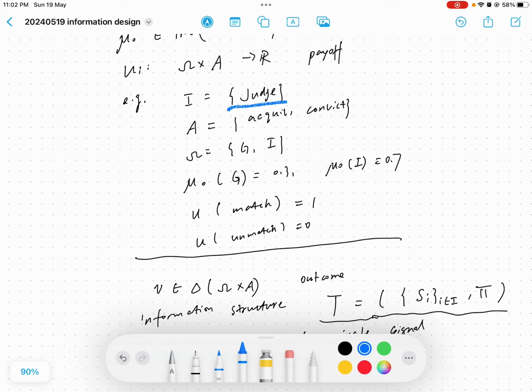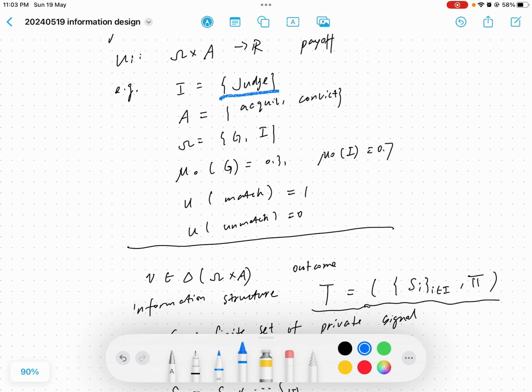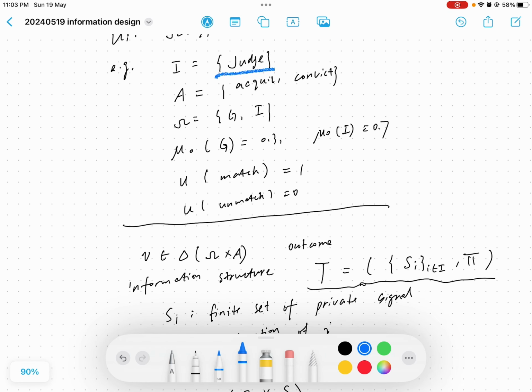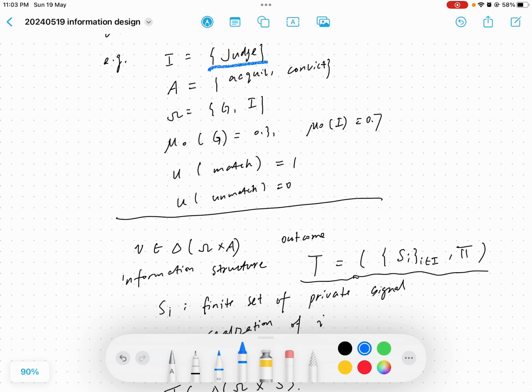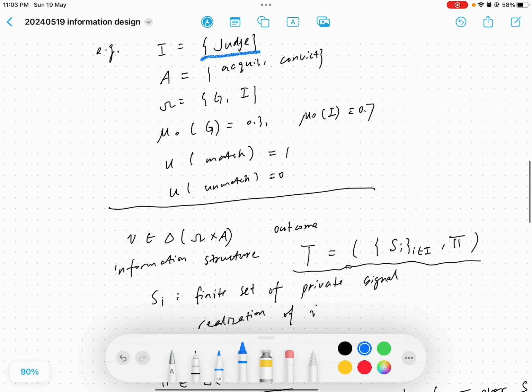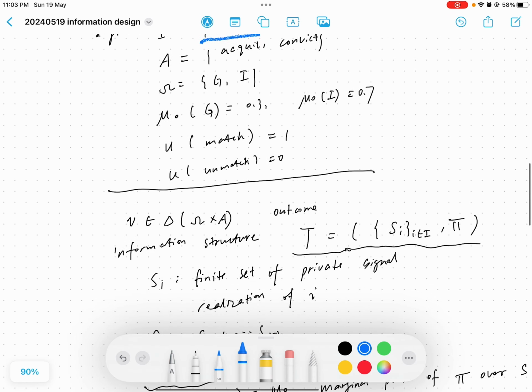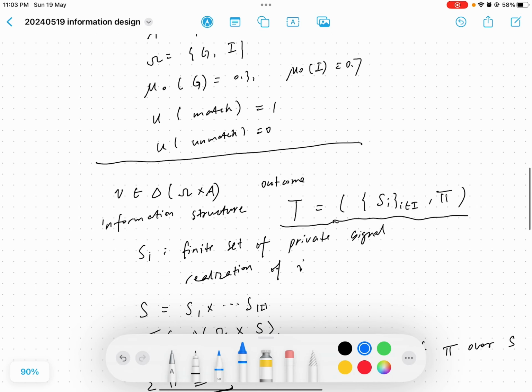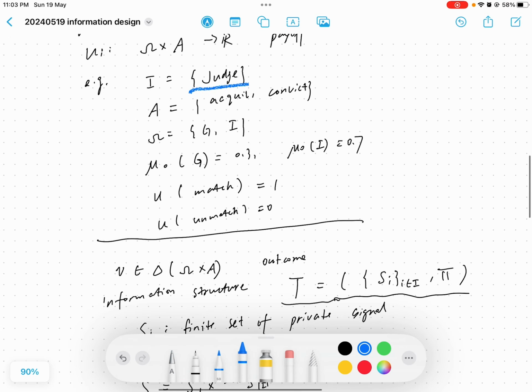The action could be acquit or convict, and the state space is binary: either this guy is guilty or innocent. The prior and the big G or big I are exactly the same as before, and the utility function for this judge is the same.